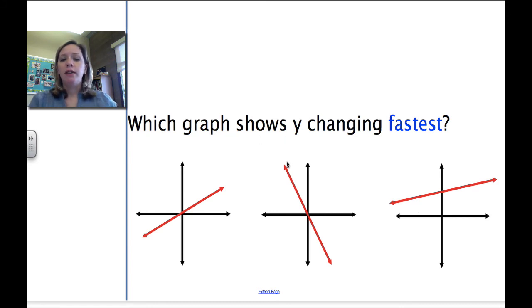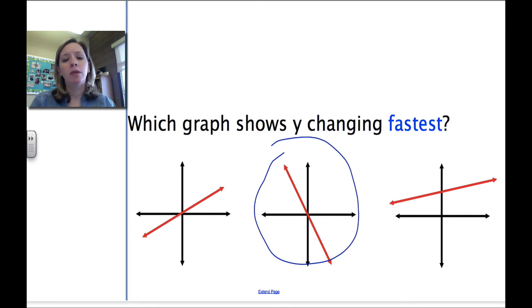So if you think about this, the one that shows y changing the fastest is the second one because it has the steepest line. We can see that the y values, if we look at a width about this big, changed a whole lot. If we look at that same width on a different graph, you can see those y values didn't change as much.